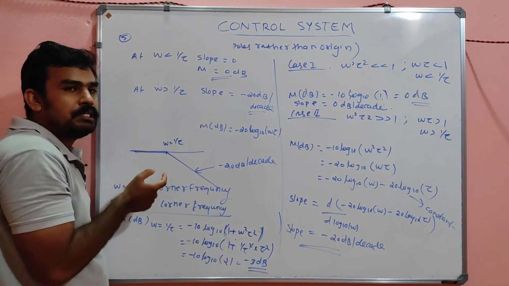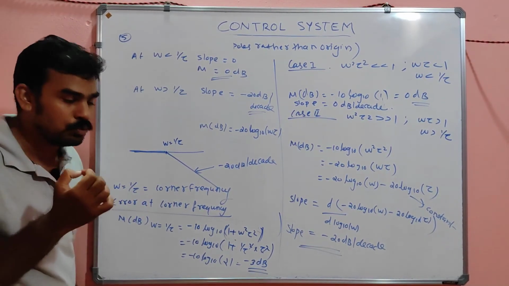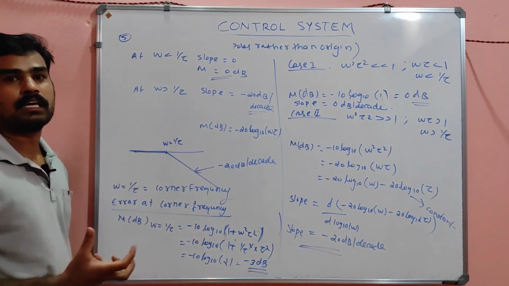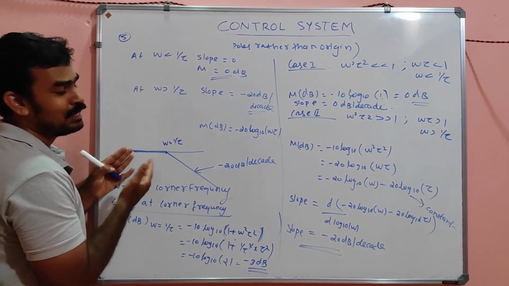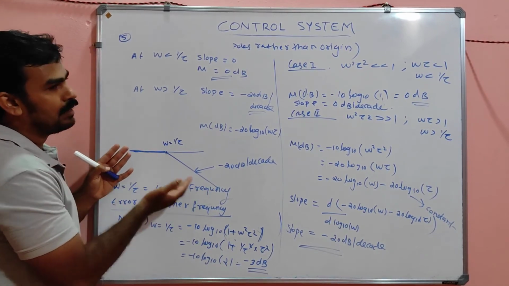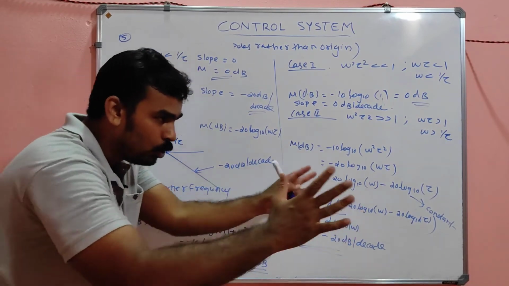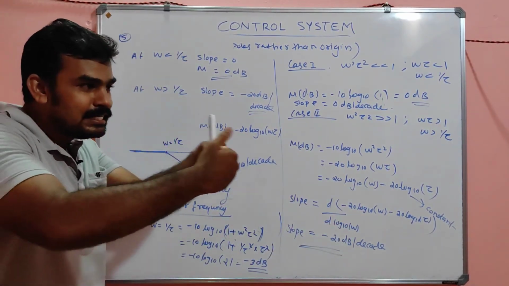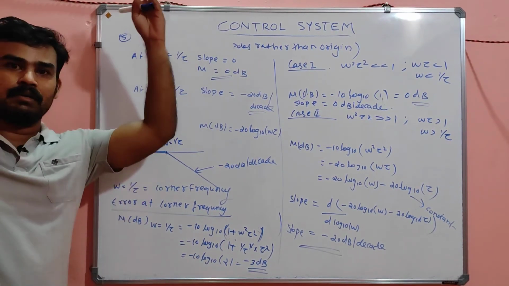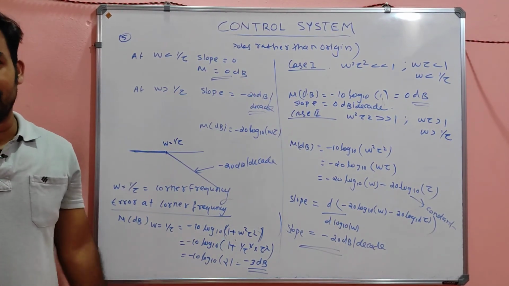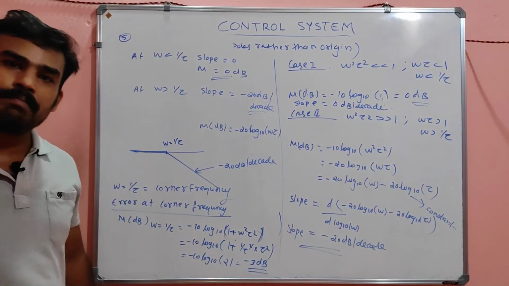But at omega equal to 1 by tau, there will be a magnitude of minus 3 dB, which cannot be indicated by this figure. That is a loss, but a negligible one, because we are dealing with 160 dB, 200 dB, 500 dB, etc. So minus 3 dB is the loss at omega equal to 1 by tau. That's all.